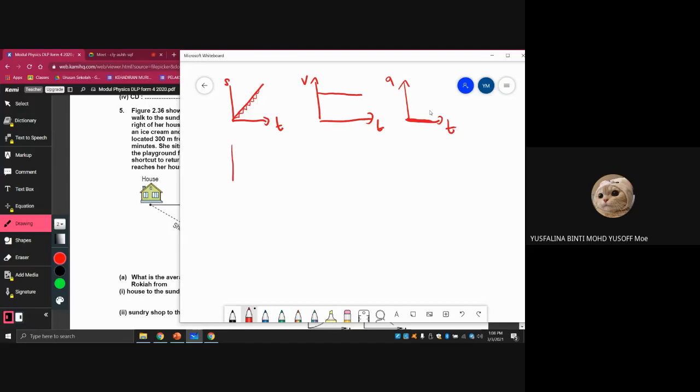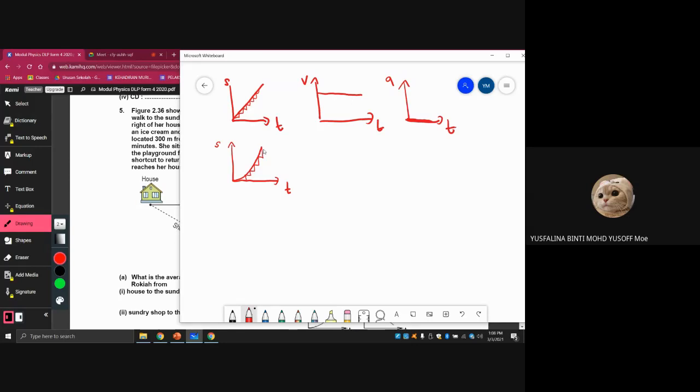What if I have this kind of graph? Displacement against time. Again, you draw a triangle. When you draw a triangle, the size of the triangle becomes bigger, so means the gradient is increasing.